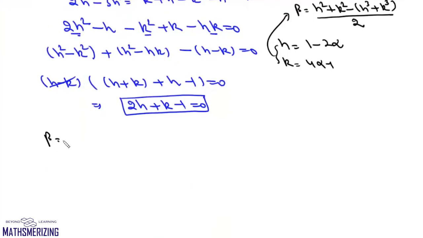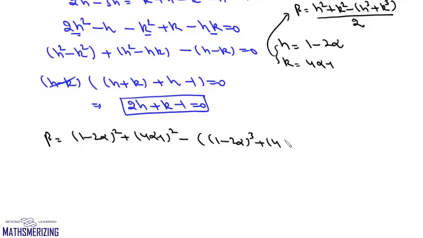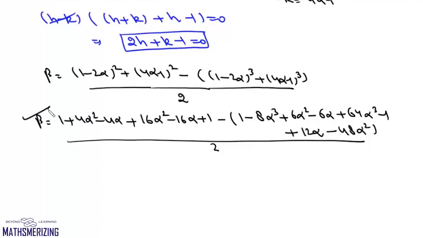So this locus will be beta equals ((1 minus 2 alpha) whole square plus (4 alpha minus 1) square minus ((1 minus 2 alpha) cube plus (4 alpha minus 1) cube)) whole divided by 2. Now if we solve this and put alpha as x and beta as y, we can write this as y equals 1 minus 9x plus 28x square minus 28x cube. And this is the answer to this question.